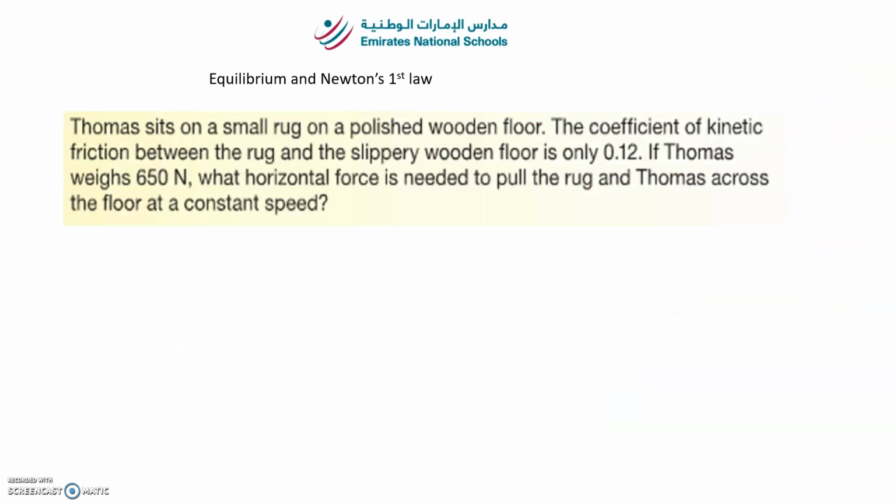Let's take an example. Here, Thomas sits on a small rug on a polished wooden floor. The coefficient of kinetic friction between the rug and the slippery wooden floor is, so here, this one is mu k. I can write the given on the problem itself.